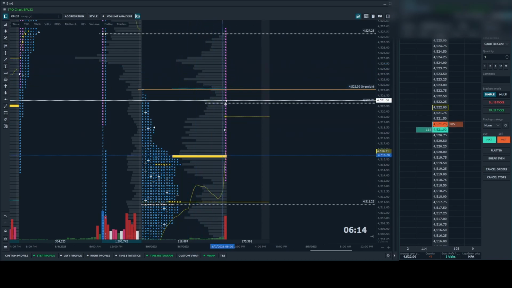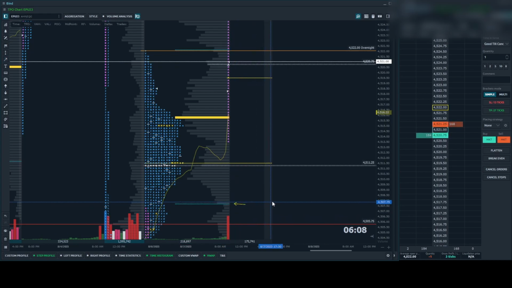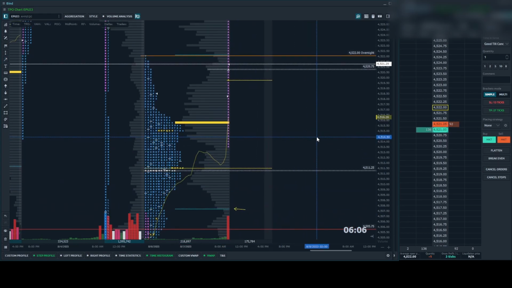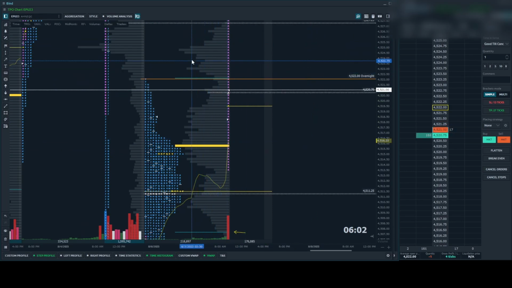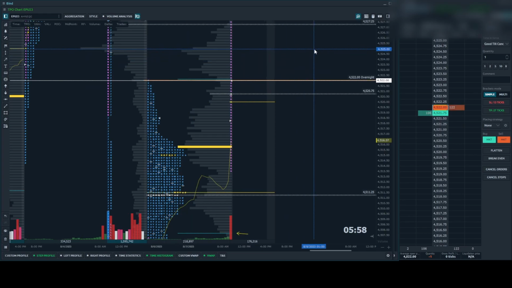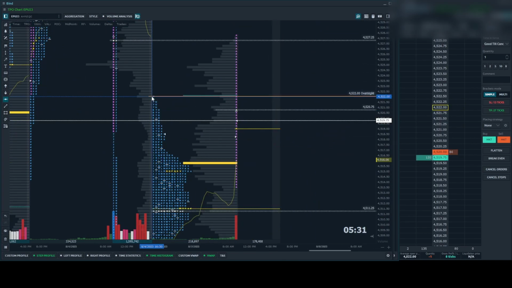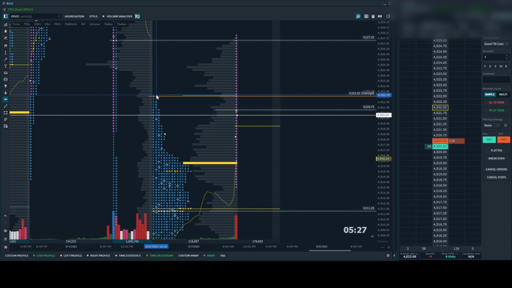Now we're looking for the POC, and then my ultimate target would be down here at the volume area low. So any acceptance into this node, you can get out of the trade. We got in right at the volume area high.